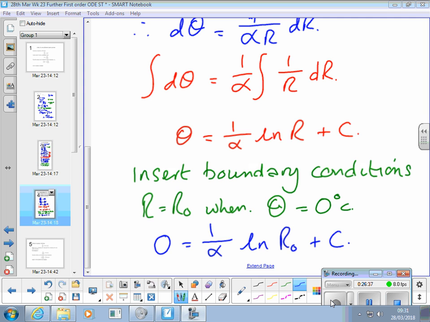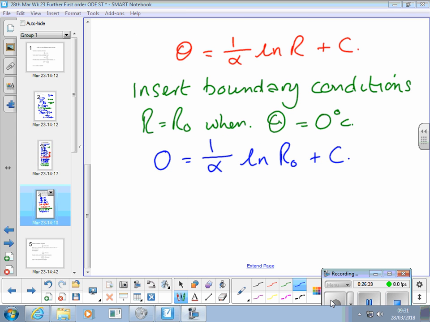We need to rearrange that so we've got C on its own, because theta is 0 when R is equal to R0. Minus C is equal to 1 over alpha ln R0.